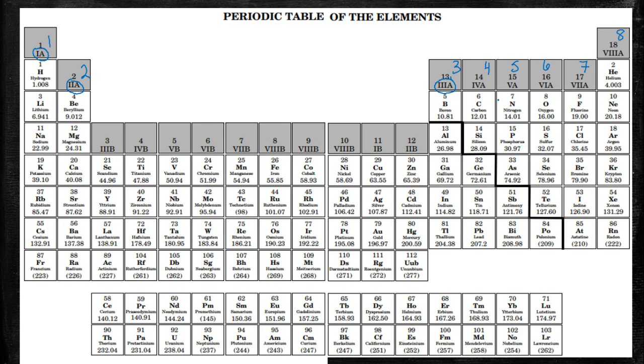Now, you can just use these numbers. I guess you could memorize this pattern, but it'd be a lot easier just to know to use the Roman numerals. The reason that it doesn't work down here is because the transition elements vary in the number of valence electrons that they have, so there's no predictable pattern to it. So what they'll do with these is they'll have to tell you.